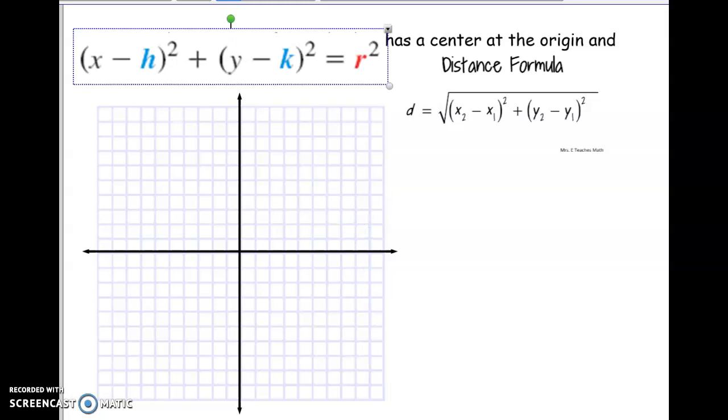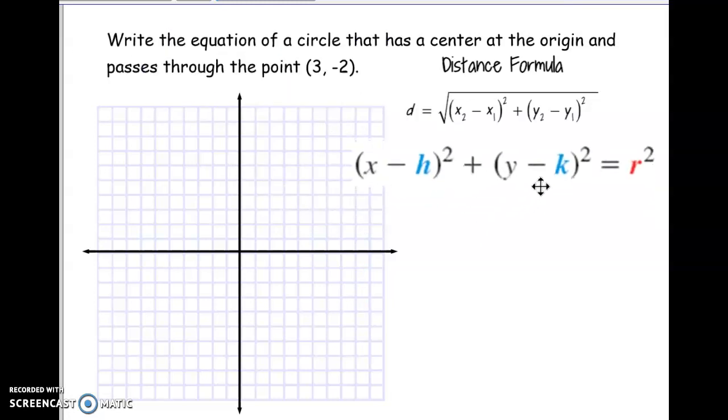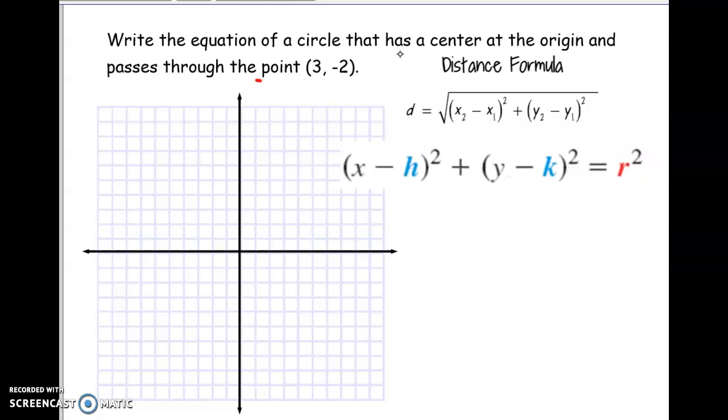Here's our formula again, and we know the circle has a center at the origin, so h and k are just going to be 0, 0. And then it passes through the point 3 and 2, so visually it must pass through that point.